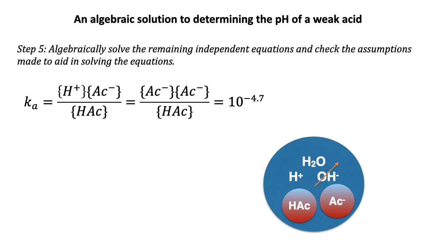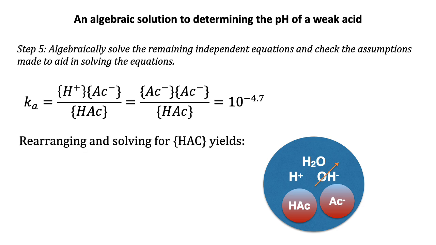Writing down the acid equilibrium constant and making our substitutions, here we've substituted AC- for H+, gives us a Ka value equal to AC- or H+ squared over HAC times 10 to the minus 4.